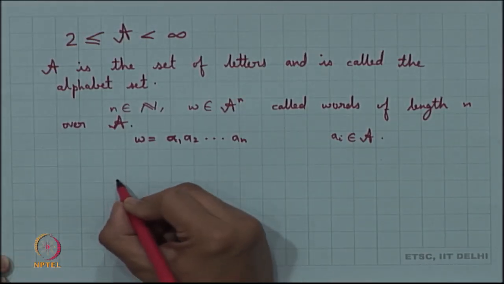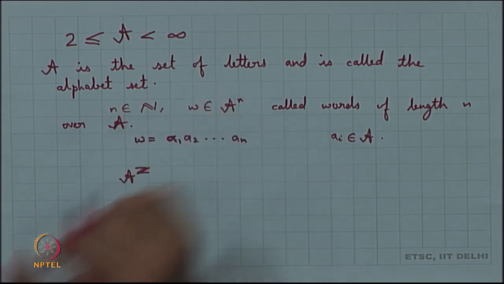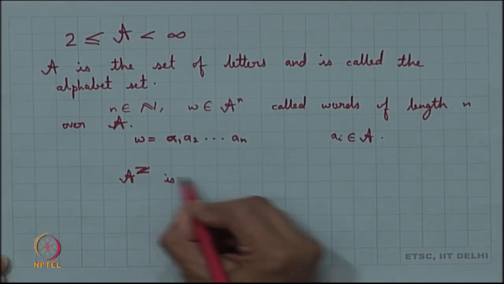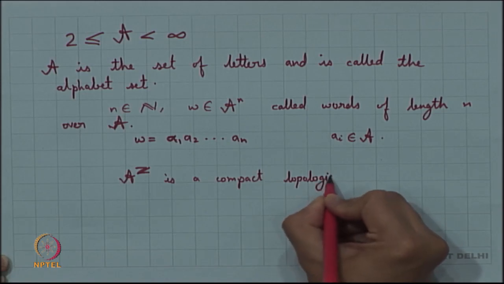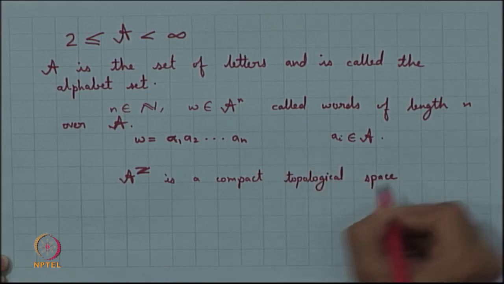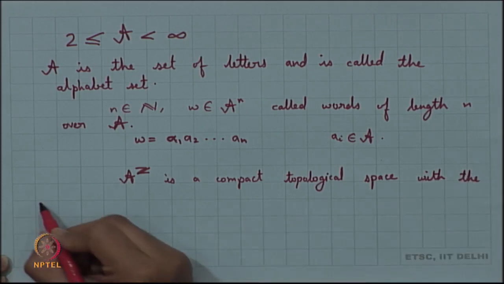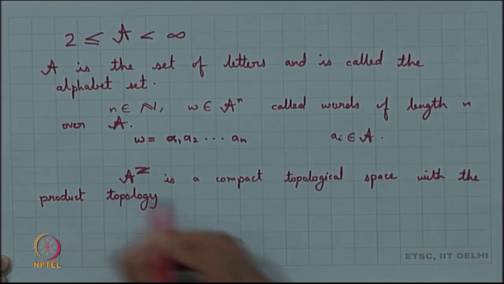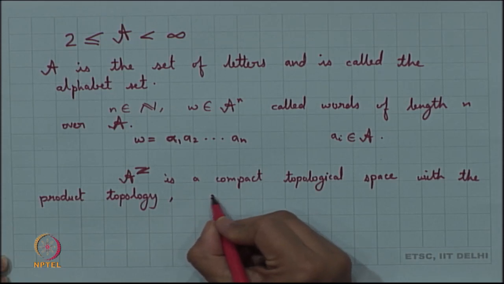So, considering A to be a discrete space, we define A to the power Z, which gives us the set of all bi-infinite sequences over A, and Tikhonov's theorem guarantees that this A to the power Z is a compact topological space with the product topology.